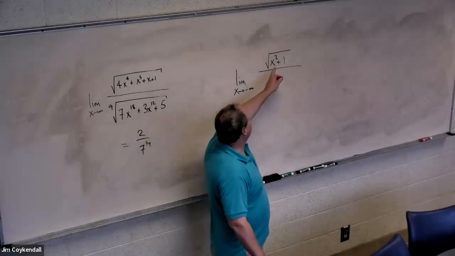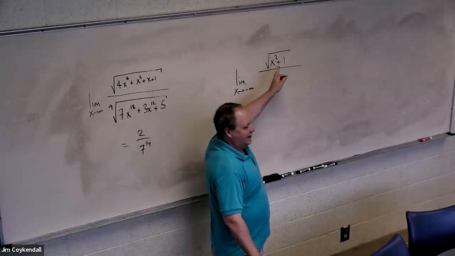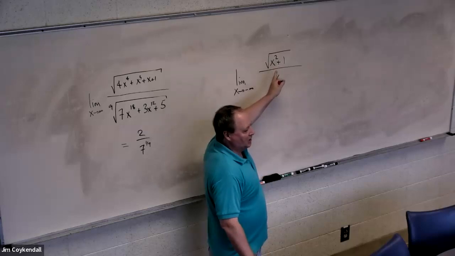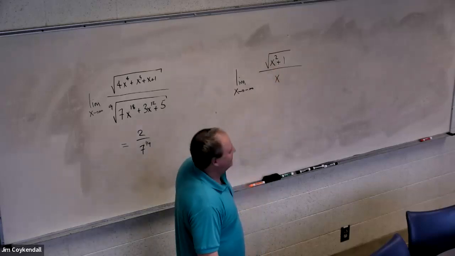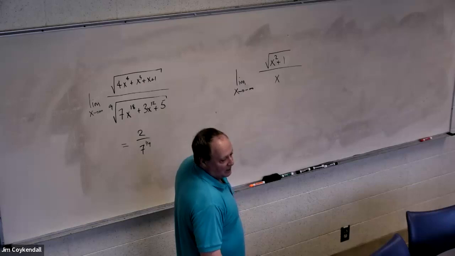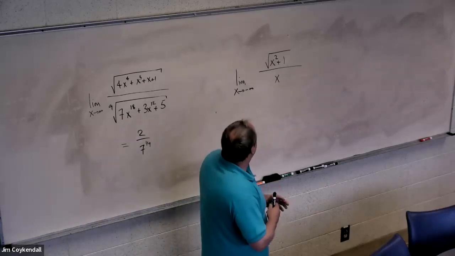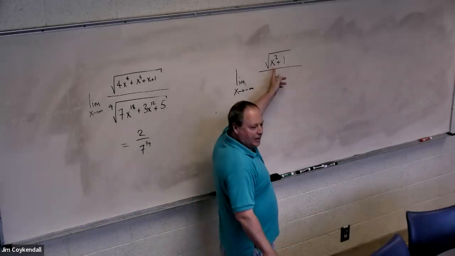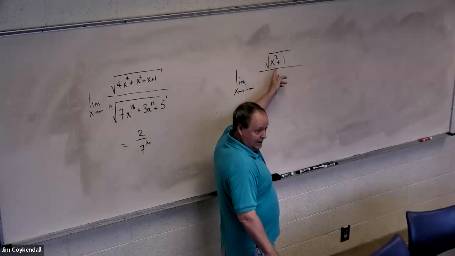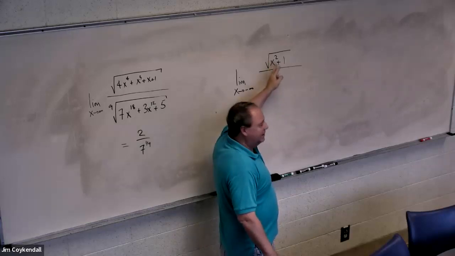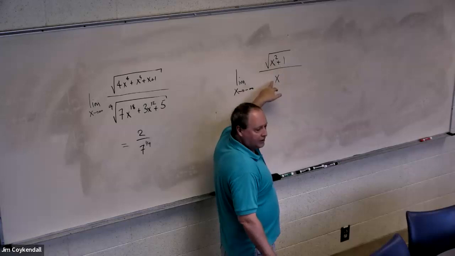The square root of 2 is not 1, it's a little closer. It's actually negative. Okay, so let me tell you. It's tempting to say the biggest power you see up here is 1, so it should be the square root of 1 over the coefficient, which is 1, over 1.